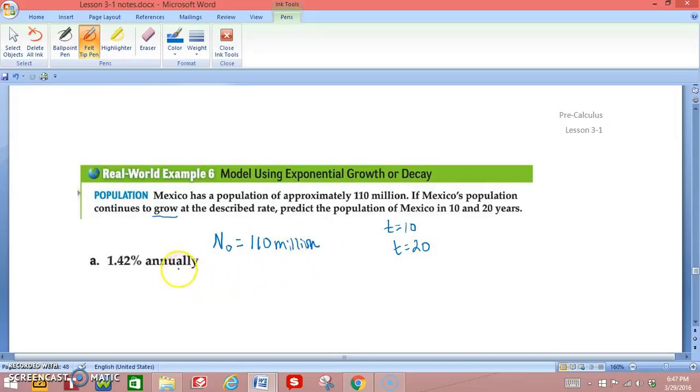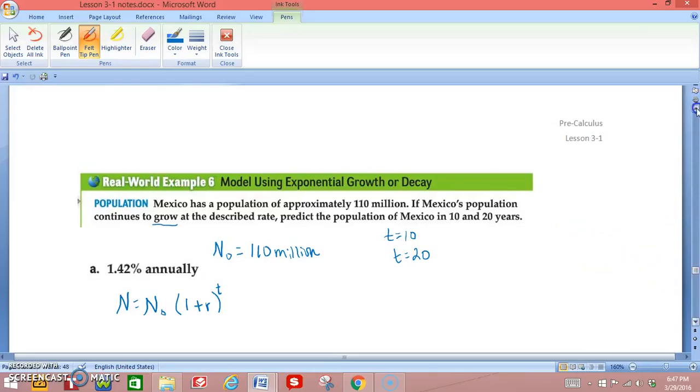Now, for A, we're going to be using not the continuous, but the regular one, which is N equals N sub 0, 1 plus R to the T power. Is that right?